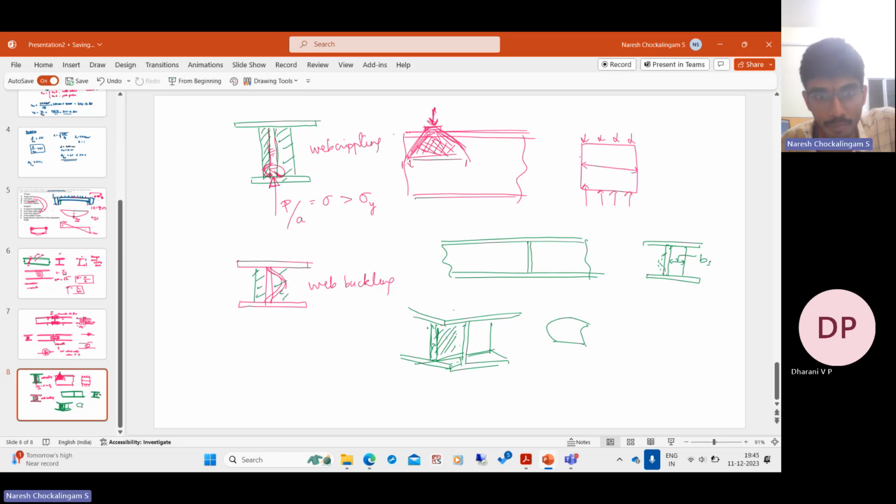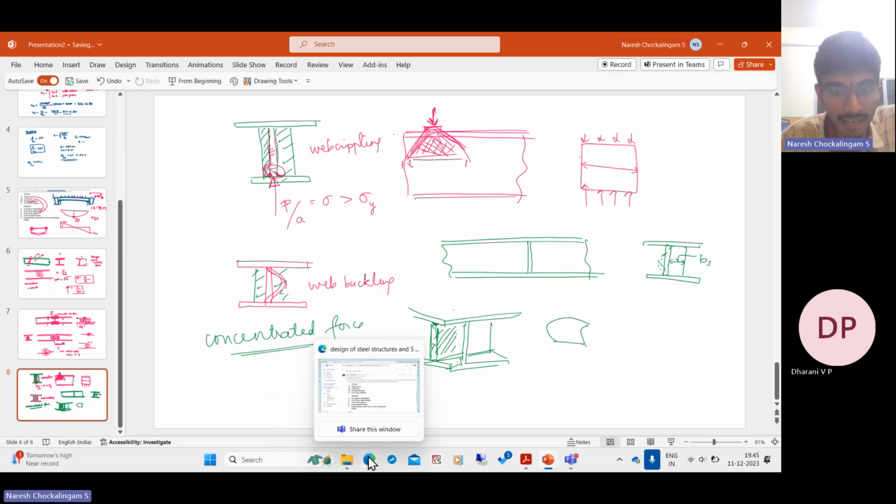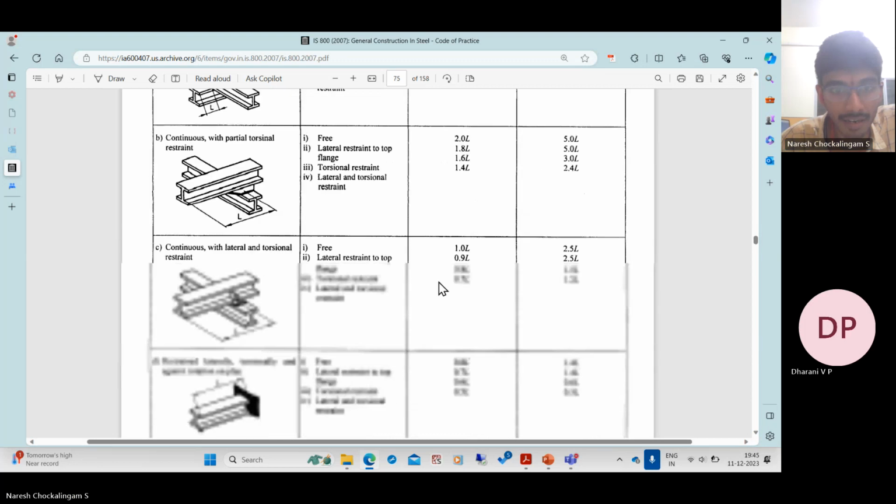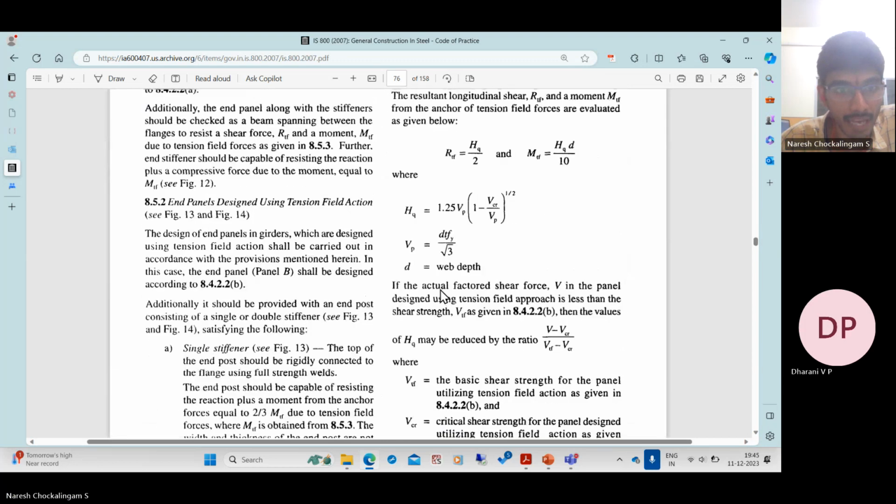These stiffeners are provided whenever the web is subjected to buckling or crippling, and this happens whenever you have a concentrated force or reaction. Reaction is also a force. Wherever you have a concentrated force, you need to provide a stiffener. If you see the code, I think it is 8 point.